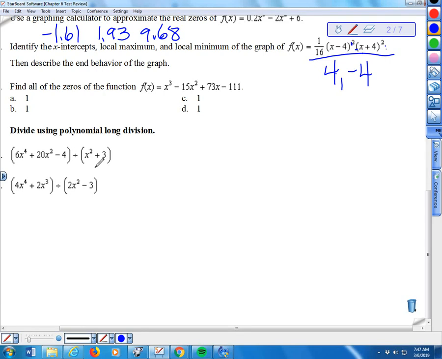There must be another zero way out that's a real number. I'm going to zoom out on my x's. Let's see if I can see the graph coming back down. I really don't. I may have put it in wrong. x cubed minus 15x squared plus 73x minus 111. 111, I put 11 in. There's my problem.